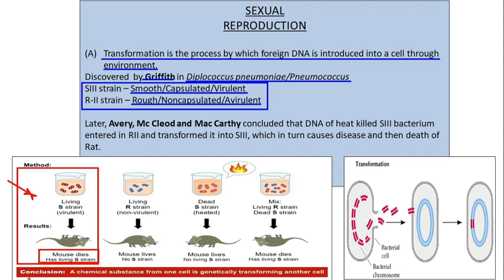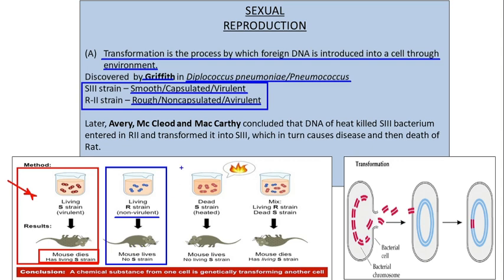But let us see another experiment of Griffith. In another experiment, Griffith used not the S strain, but the R strain. When the R strain is added, this non-virulent strain does not create any harm to the mouse.